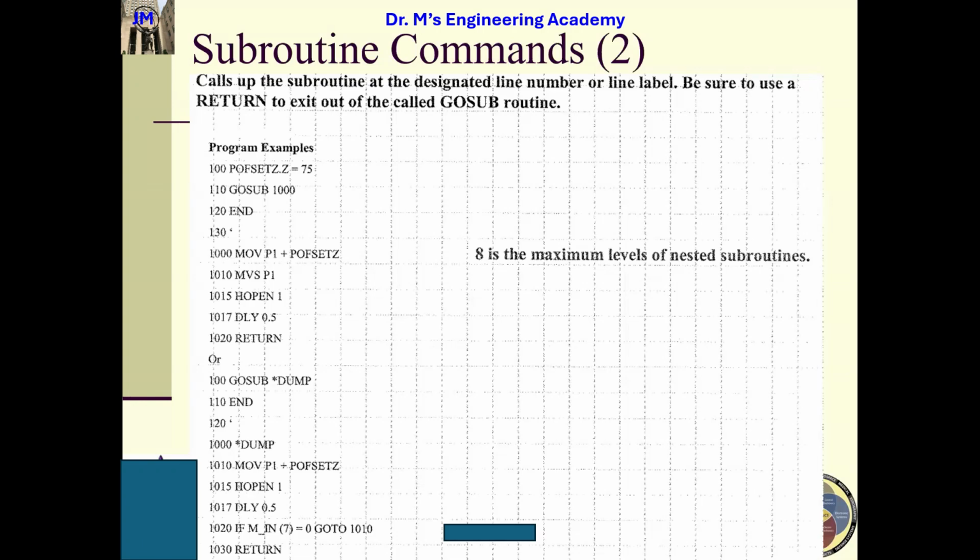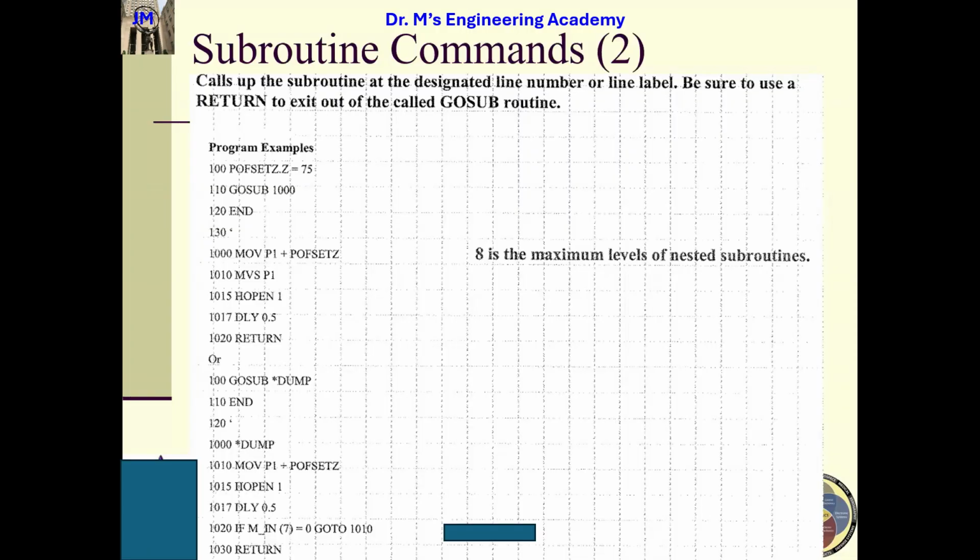What you are going to do is move the hand to P1 plus P offset, and then you open your hand and you delay for 0.5 seconds. And then if bit 7 is false, you go to 10. Otherwise, just return. So this is the subroutine 1000.